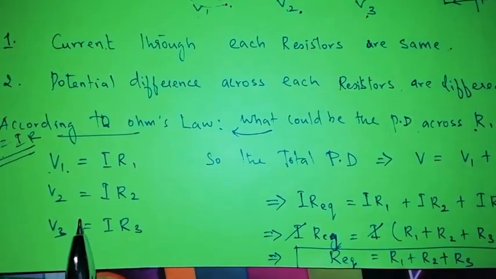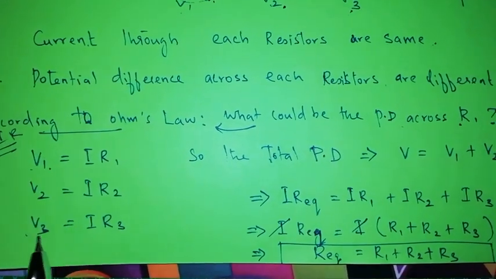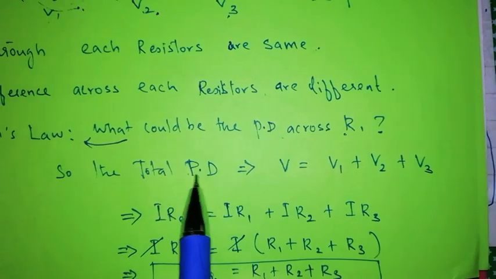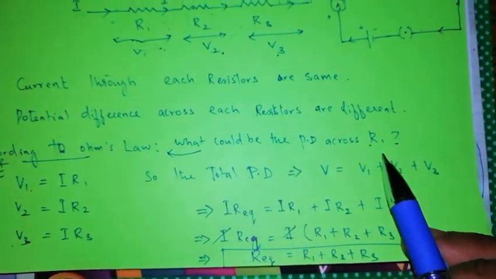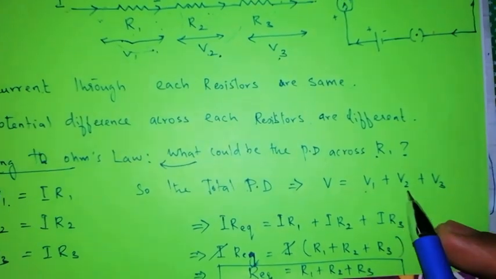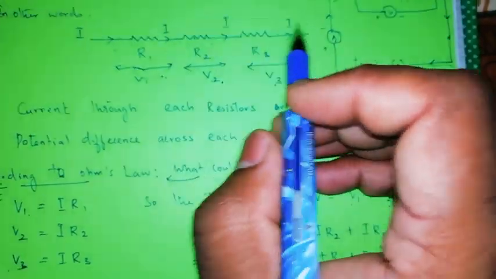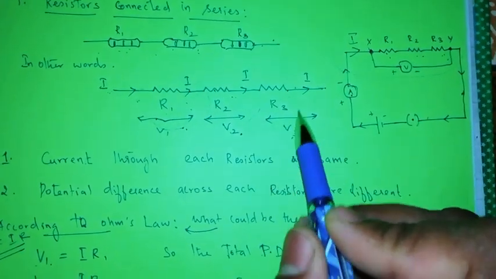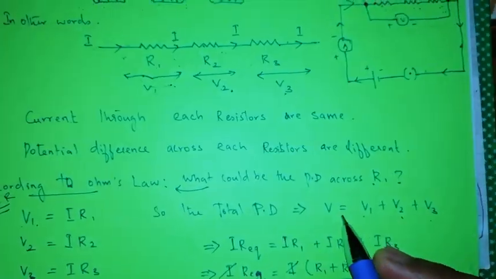And the potential difference across R3 is V3, that is IR3. So if I find the total potential difference, V equals V1 plus V2 plus V3.